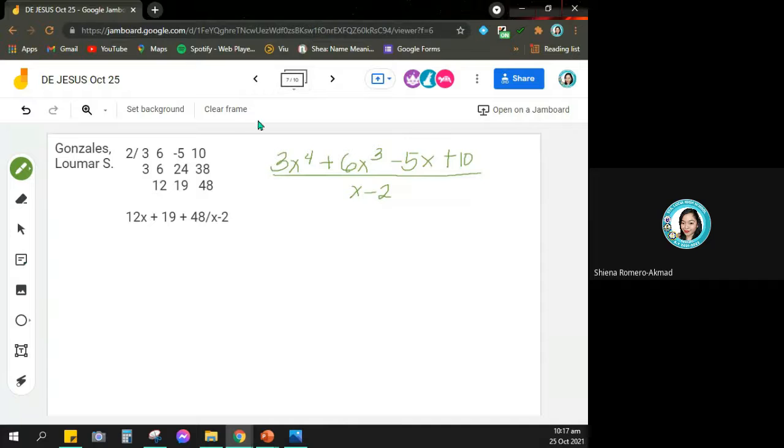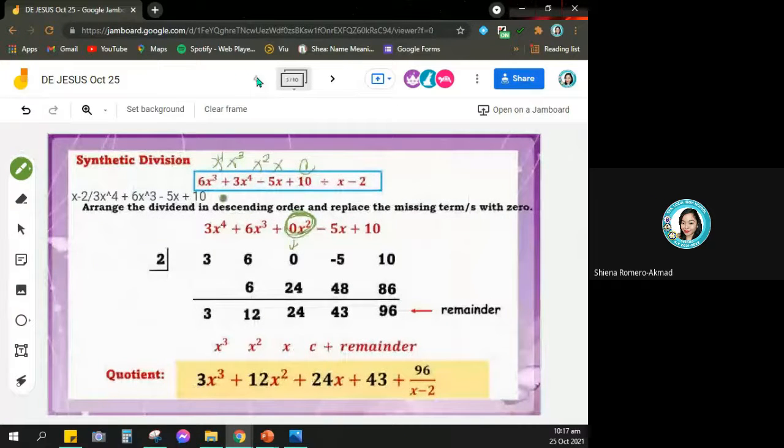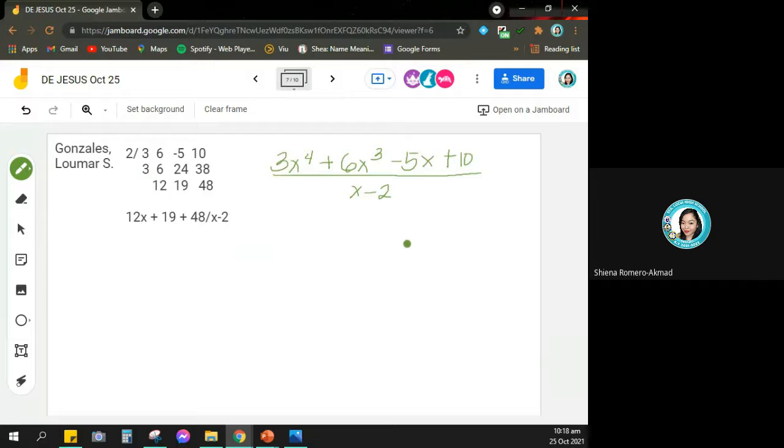Check ko lang: 3x4, 6x cubed, 3, 4, 6, 3, 5, 10. Not positive, si 5 lang ang negative. Okay.